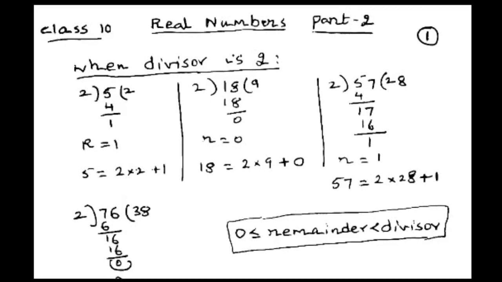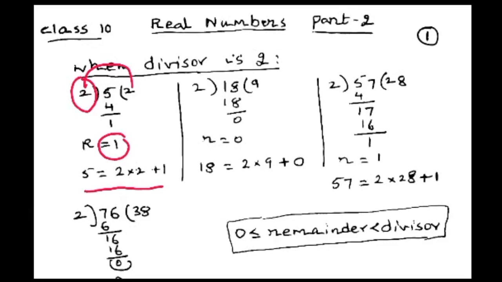Let us consider the case when the divisor is 2. That is, if we divide any number by 2, what is the remainder? Here, we have divided 5 by 2, we got remainder 1. And we can write 5 equal to 2 into 2 plus 1, that is, dividend equal to divisor into quotient plus remainder.